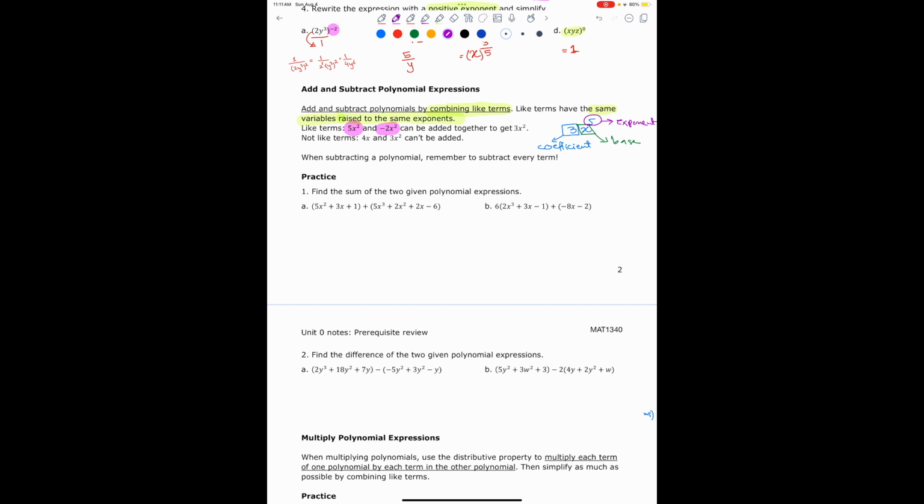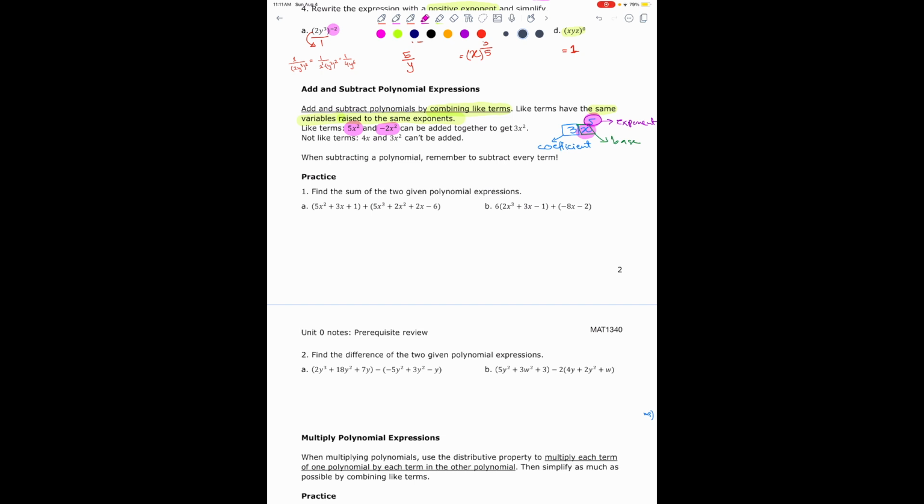What we care about is that the bases and the exponents are the same. The coefficient doesn't matter. It tells you how many of these there are. So 3x to the fifth means we have 3 x to the fifths added together. When we add these expressions, we basically add the coefficients in front of them. It's like saying you have 3 apples if x to the fifth represents an apple.